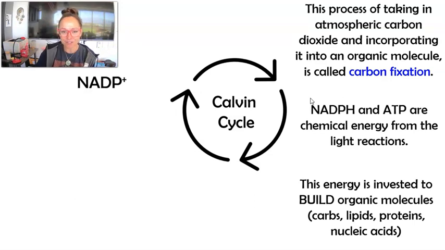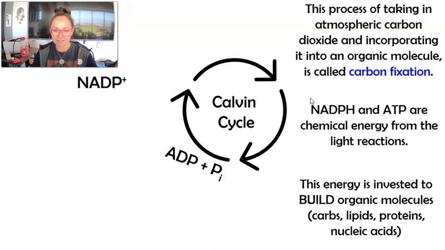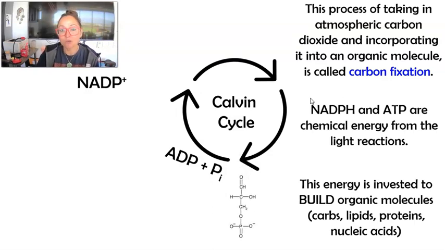So the energy from ATP, once it's used, ADP and an inorganic phosphate will come out. And NADP plus is also left over. Now, the main product, though, of the Calvin cycle is a simple sugar called G3P. So G3P is C3H6O3, and that's really going to be the foundation or the building block for all organic molecules.